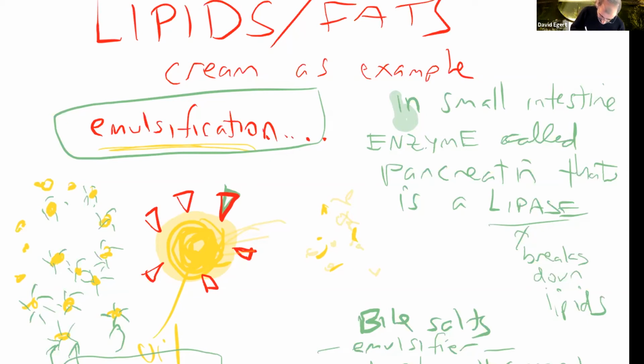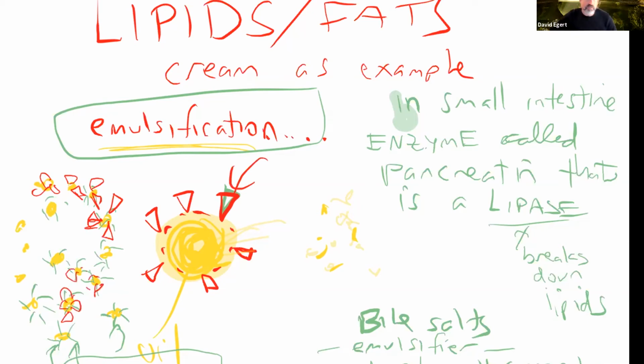And what that also means now is my enzyme has way more surface area to work to break down things. Right here, I could only get at whatever fat molecules were right on the outside, but now I can get at each of these little droplets. I got so much more access to the little fat molecules to break them down.